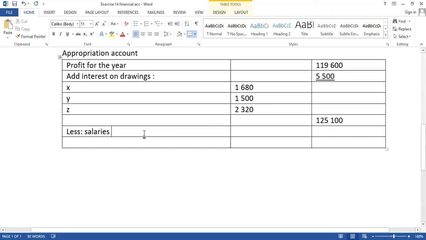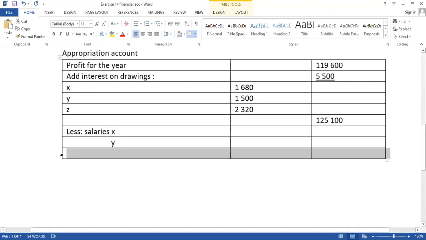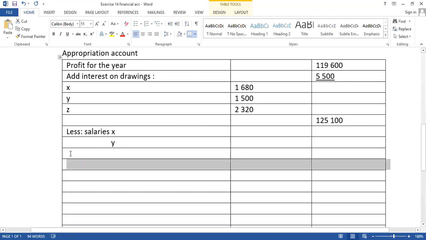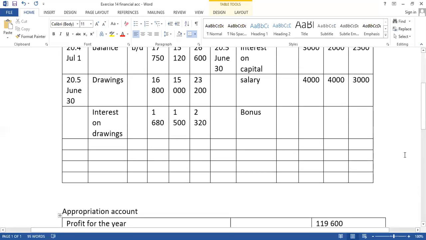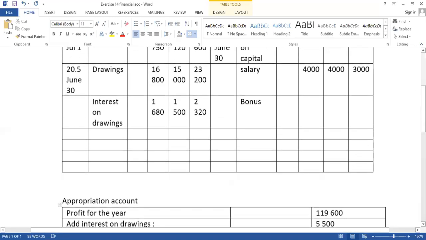Salaries of X, of Y, and also of Z. Okay, so the salary of X is how much? 4,000.